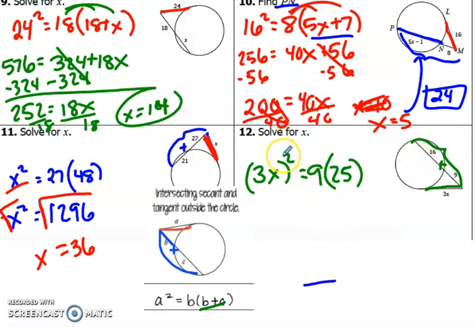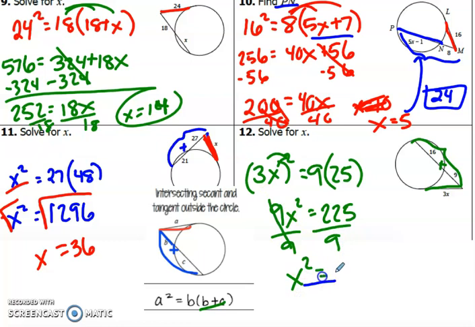This squared is kind of distributed to both terms. So you'd have 3 squared, which is 9, and then x squared, which is x squared. 9 times 25 is going to give you 225. Now you have to get rid of 9 before you get rid of the squared. So divide by 9 on both sides, leaving you with x squared is equal to 25.